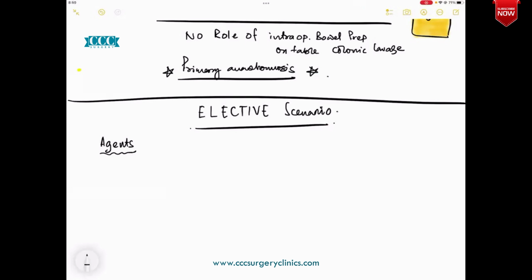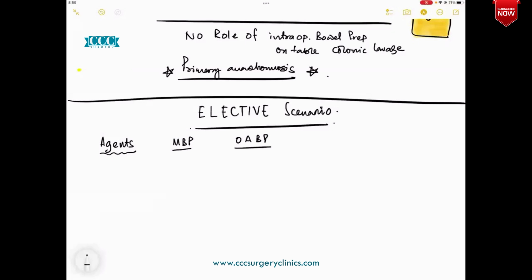Now, the important thing is that the agents used in bowel preparation are called MBP, which means mechanical bowel preparation. On another side of the story is oral antibiotic bowel preparation.